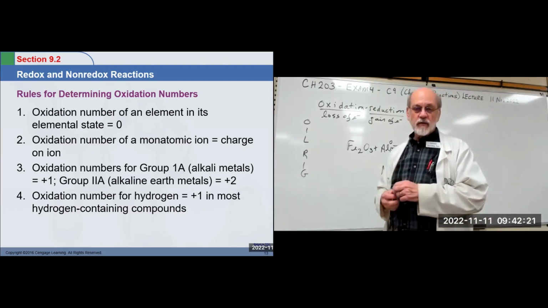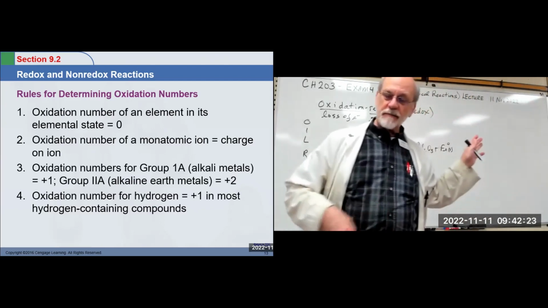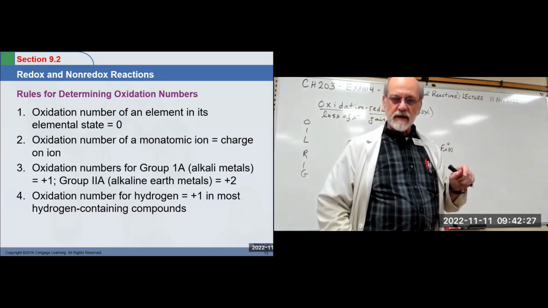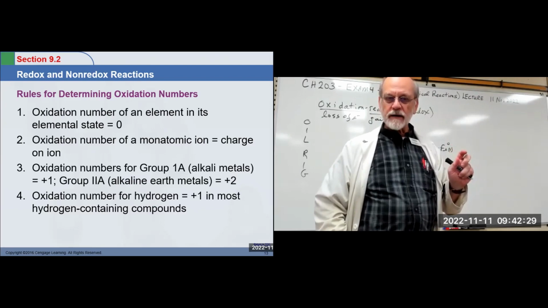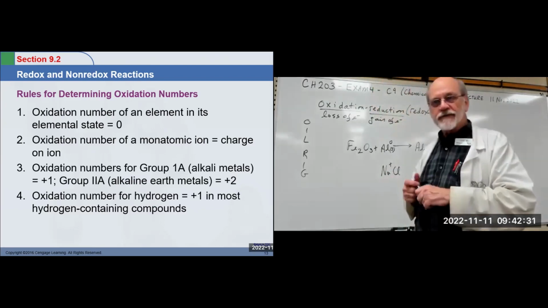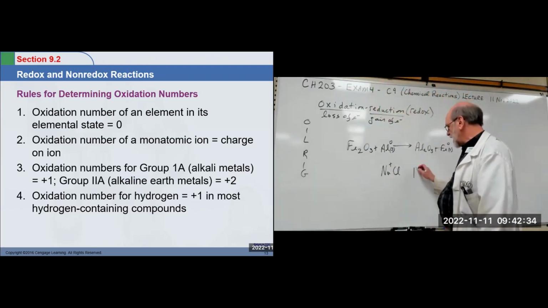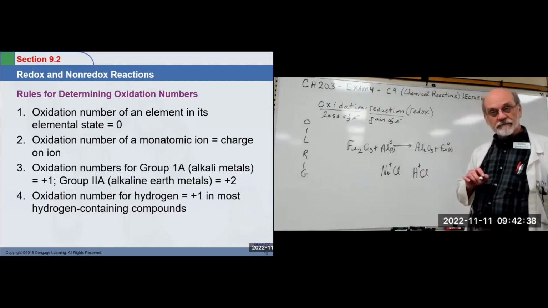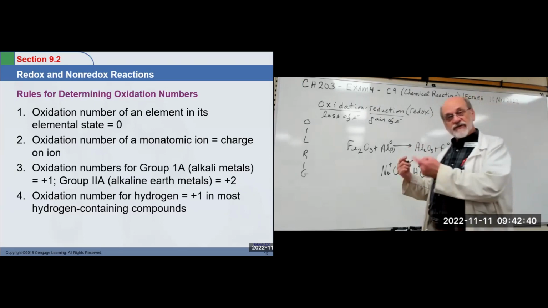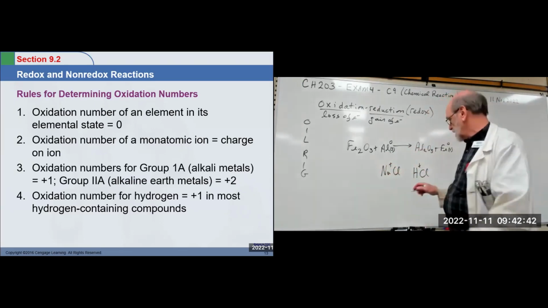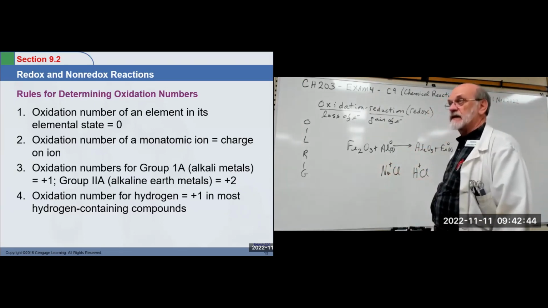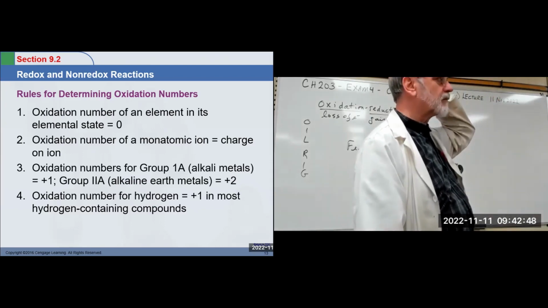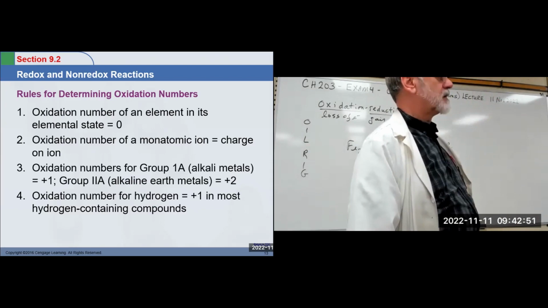We're going to stay on that side of the periodic table and go up to hydrogen. The oxidation number for hydrogen is +1 if the hydrogen comes first. So if we say HCl, that's a +1. If it comes second, if there's a metal first, like, let me pick a good one.